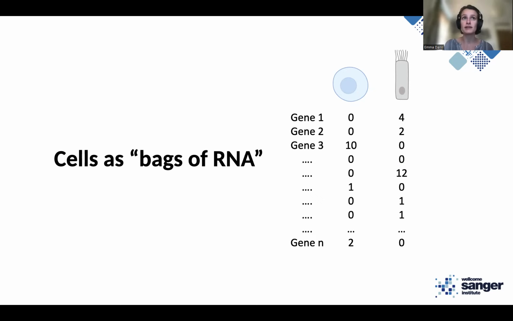So we start from data that looks like this, where for each cell we count how many times we see a set of genes, and for the human genome this will be around 20,000 genes. We are interested in using these matrices to understand structure in the tissue, which cell types are there and what they are doing.